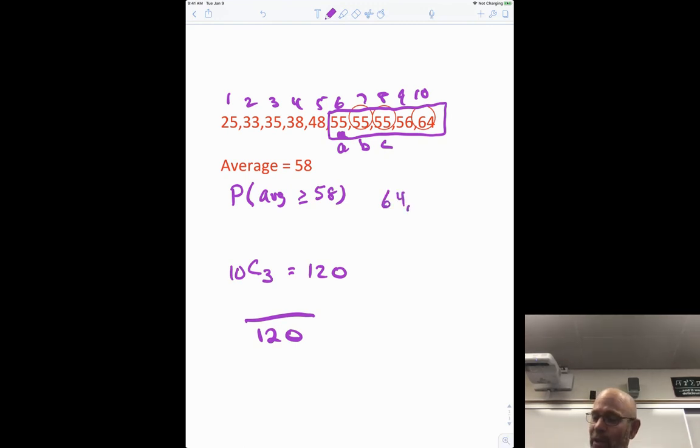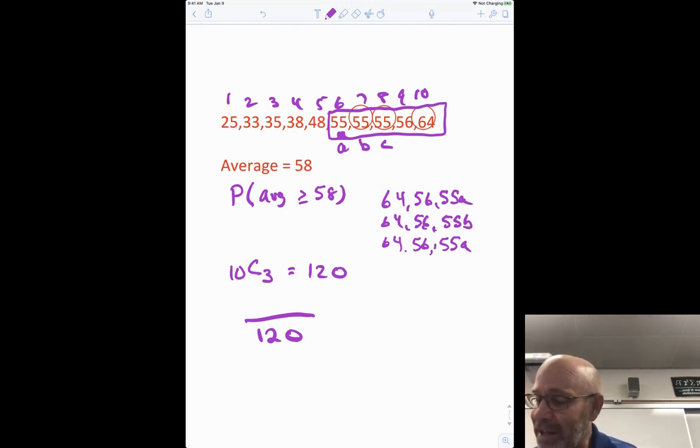You can go 64 with a 56 with a 55A. You can go 64 with a 56 and a 55B. You can go 64 with a 56 and a 55C. All right, so now you've got to say, well, are there any other cases? Did I grab them all or not?